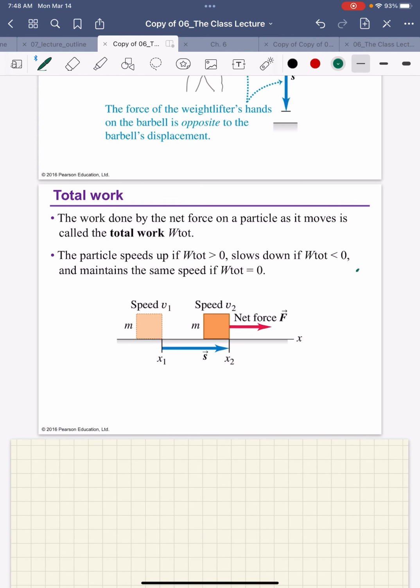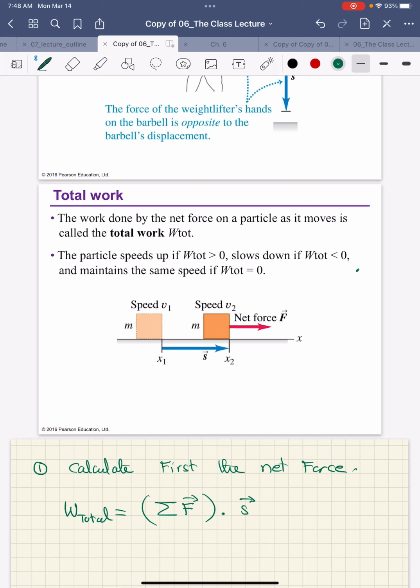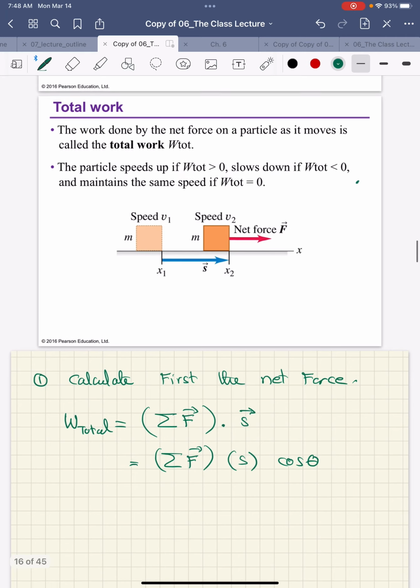One approach is to calculate first the net force, and then the total work is the net force times S, or sigma F times S cosine the angle. This can be done.